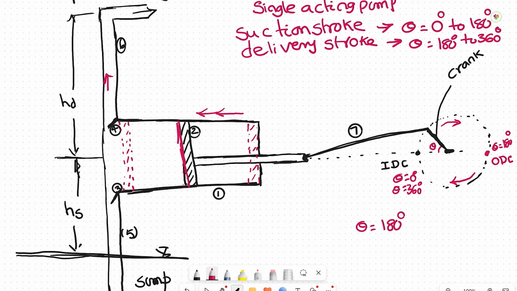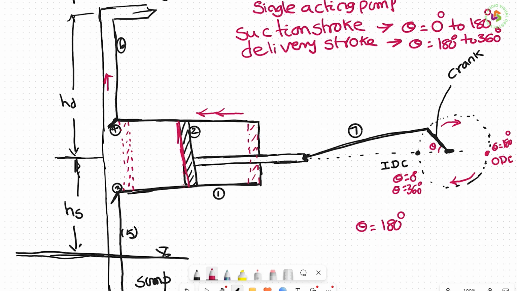In one rotation of the crank, from theta is equal to 0 to 360, the piston moves from the extreme left to right and from extreme right to left, and it completes two strokes. One is the suction stroke and the other is the delivery stroke.